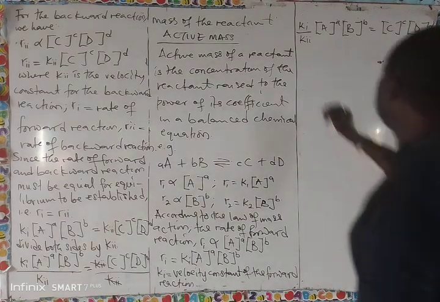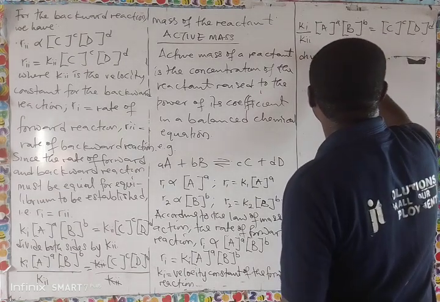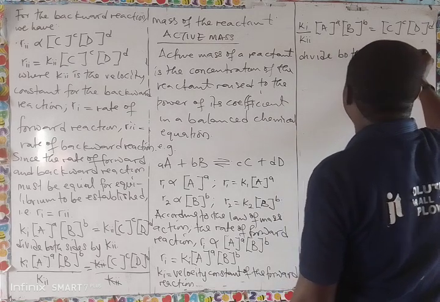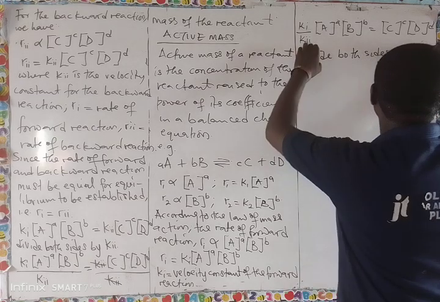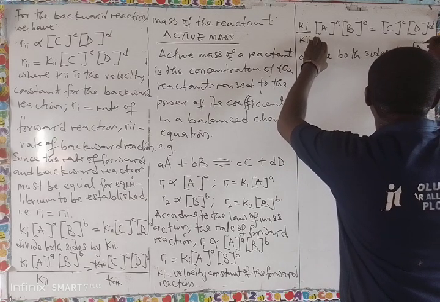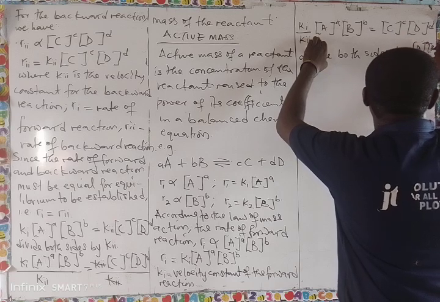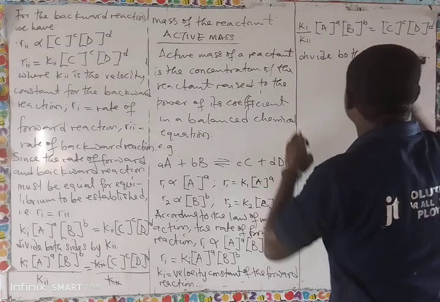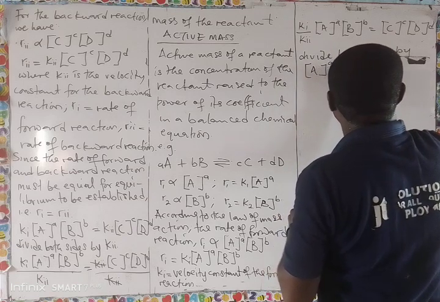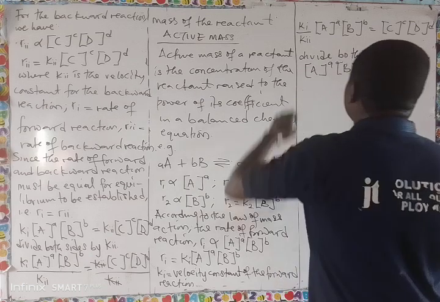Then the next thing to do is to divide again. Divide both sides by A^a B^b. So what do we have?